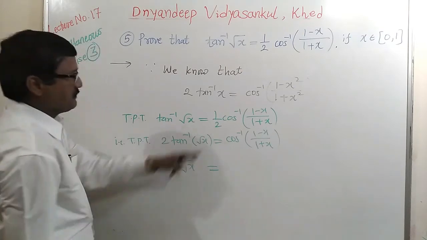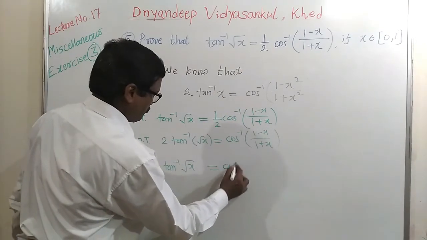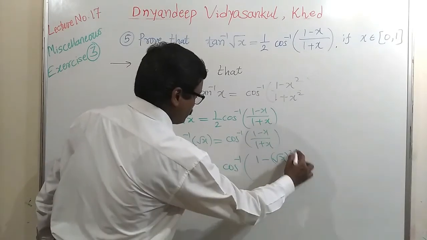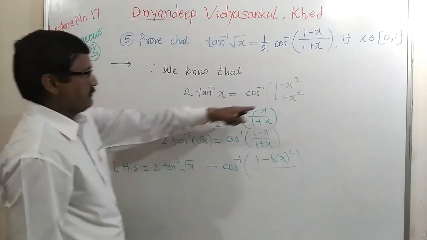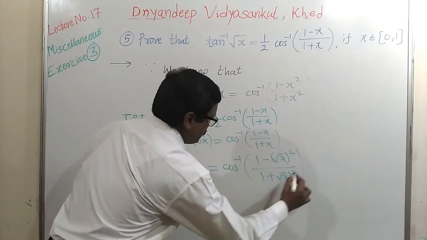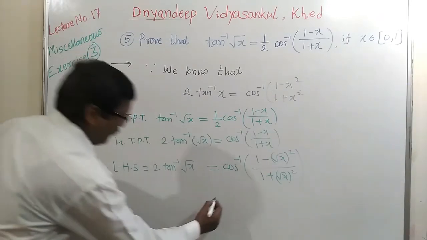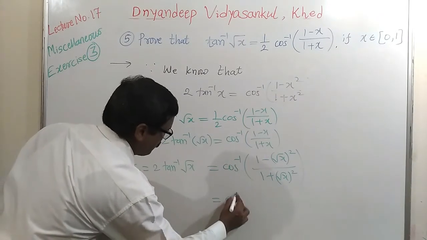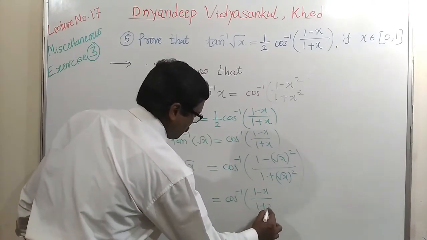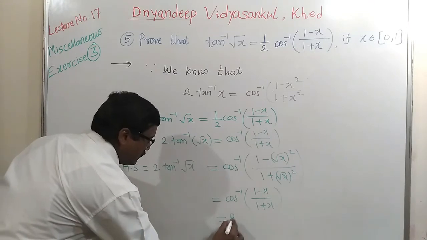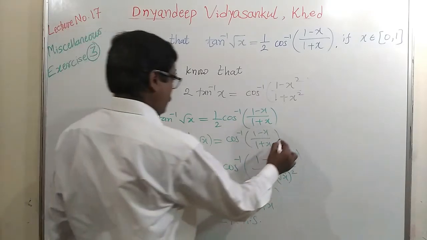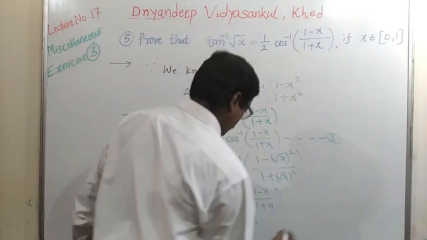So we get that is equal to cos inverse of 1 minus root x bracket square upon 1 plus root x bracket square, and it is equal to cos inverse of 1 minus x upon 1 plus x. That is the required RHS of this result. Suppose this answer.